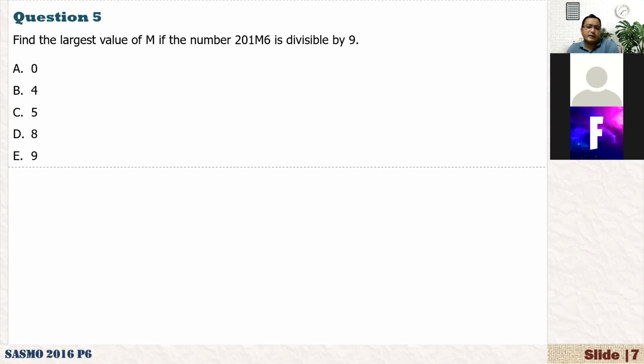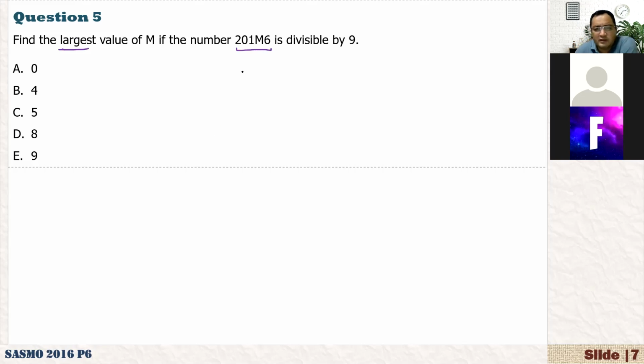In question 5, find the largest value of m if the number 201m6 is divisible by 9. It says the largest. We know that a number is divisible by 9 if the sum of its digits is divisible by 9, similar to 3, where a number is divisible by 3 if the sum of its digits is divisible by 3.